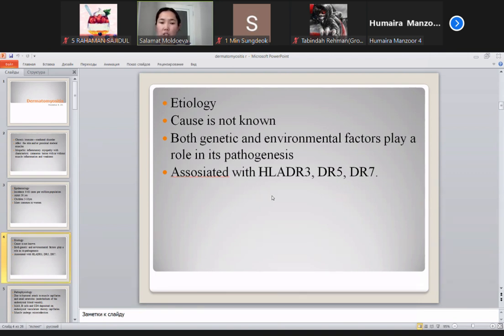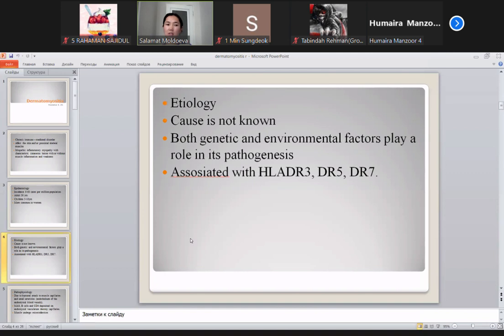These genes are strongly associated with dermatomyositis. Those are internal factors. About external trigger factors, usually there are the same trigger factors like smoking, cold, stress, trauma, malignancy, secondary disease.